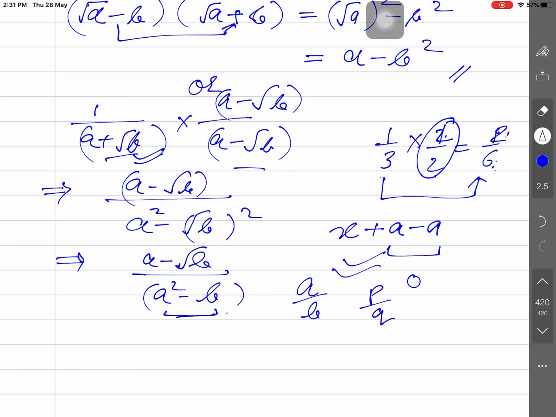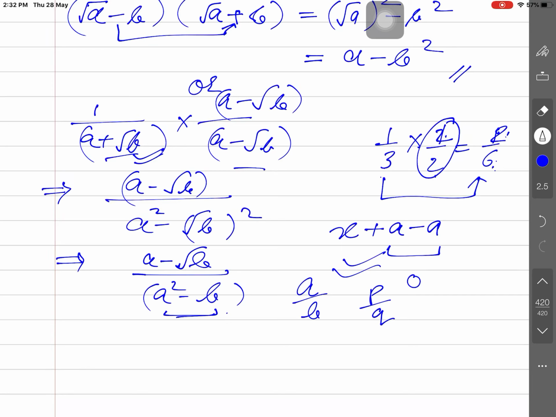Is that clear? At a time you can rationalize the denominator, because irrationality is really a complex concept. Irrationality is just a troublesome situation in mathematics. So that denominator is to be rationalized.